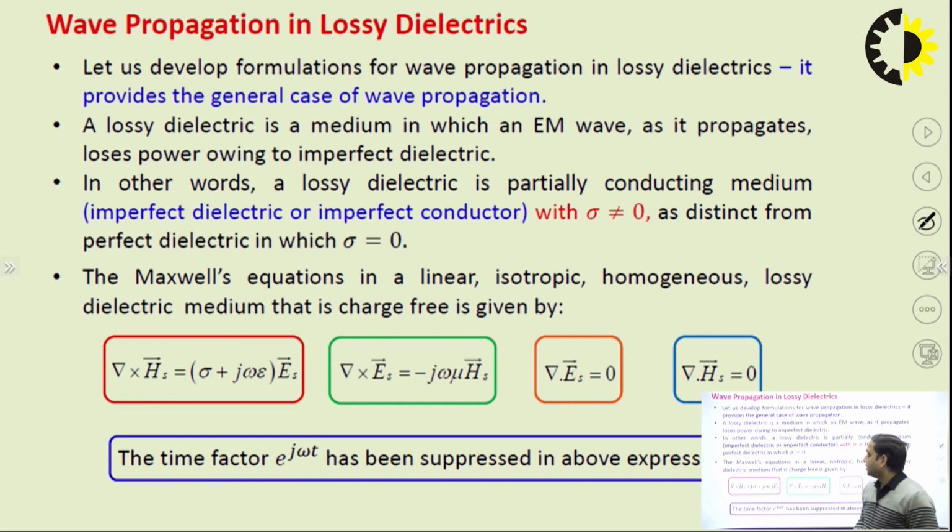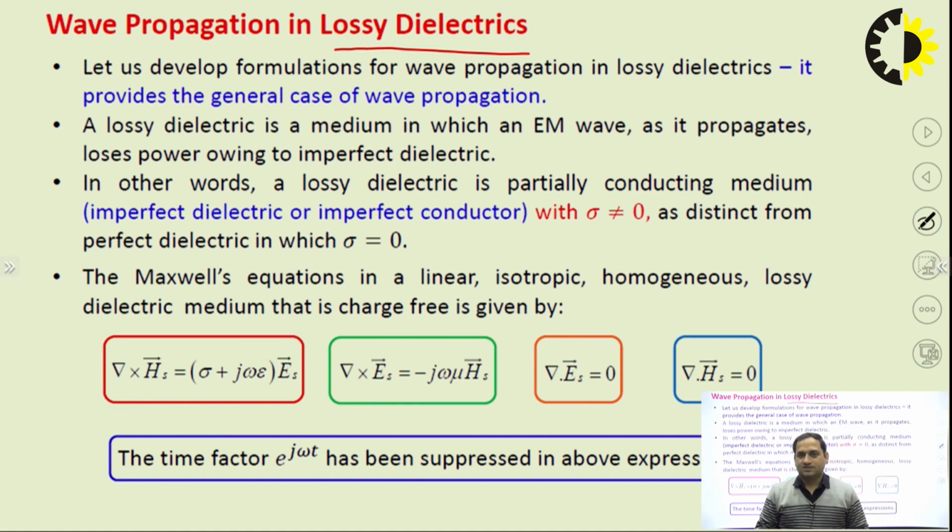Okay. So, now let us start from the lossy case. This lossy case is the generalized case in EM waves, right. As we discussed in the previous slide, that was the free space case, but now we will start from the lossy dielectric case.